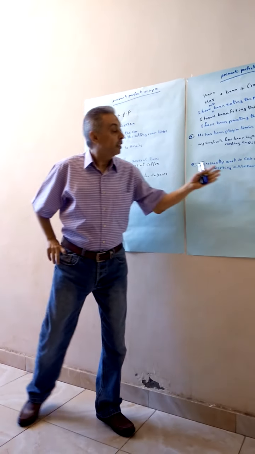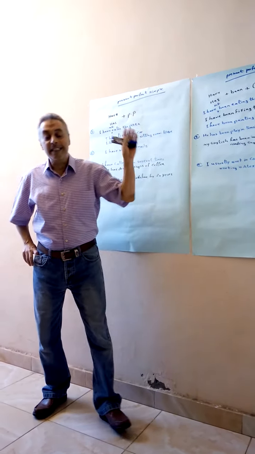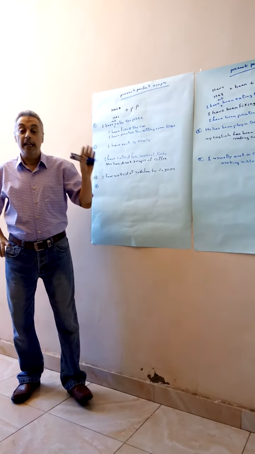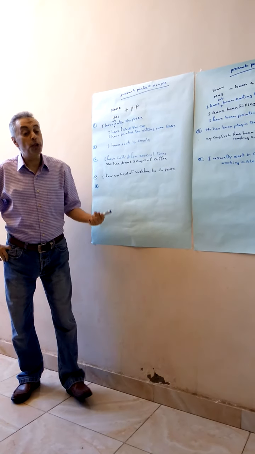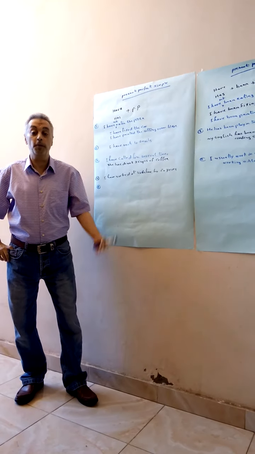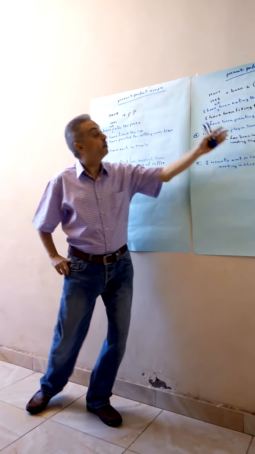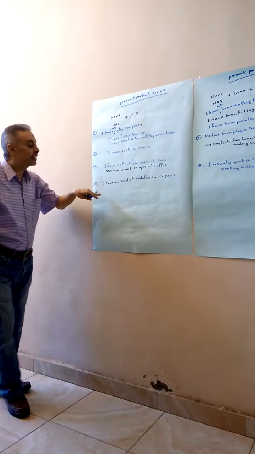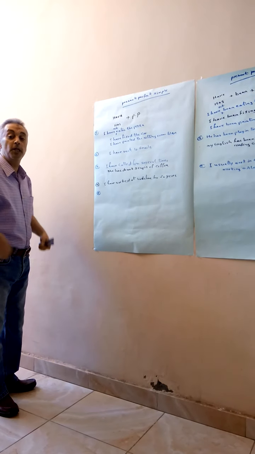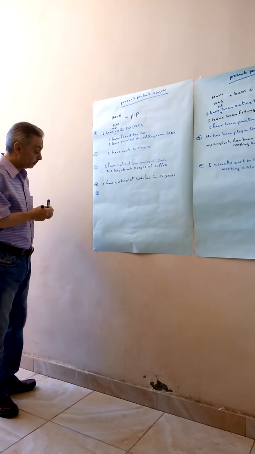And the verb to be is a stative verb. So we cannot use stative verbs with present perfect progressive, whereas we can use stative verbs plus the action verbs with present perfect simple.